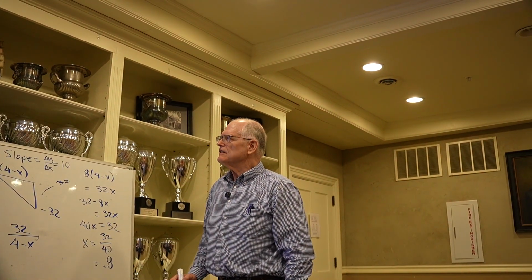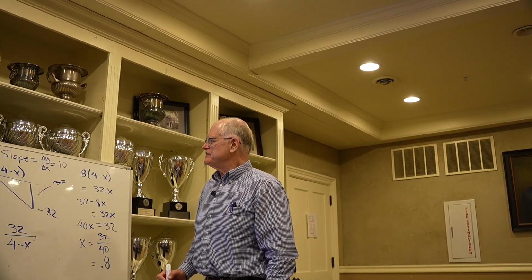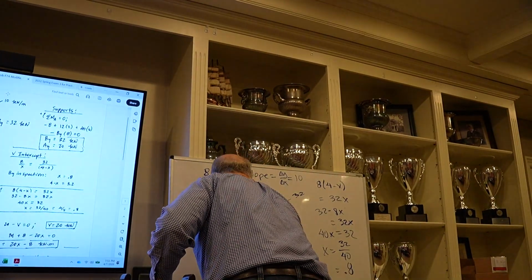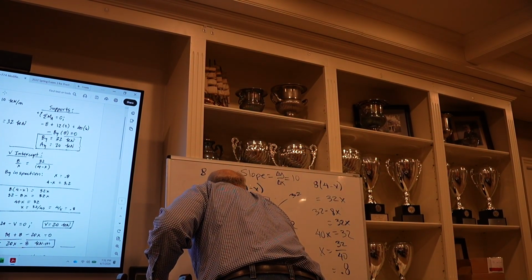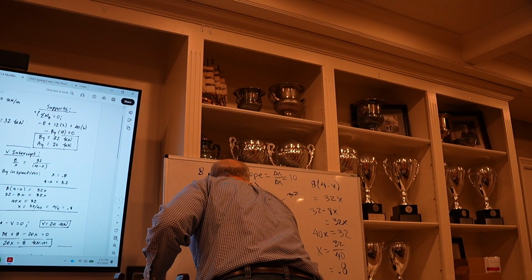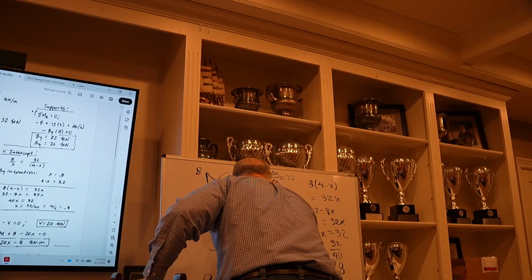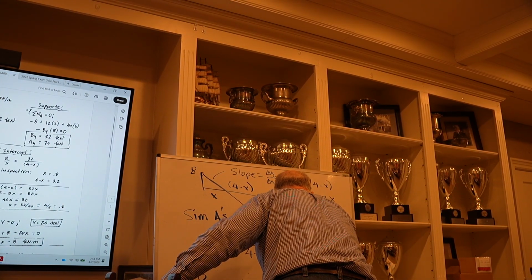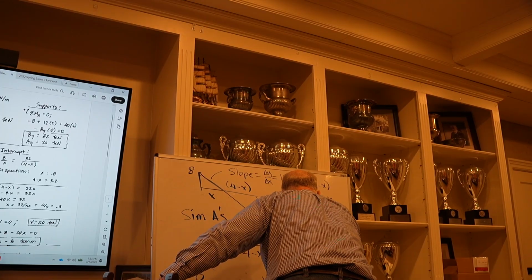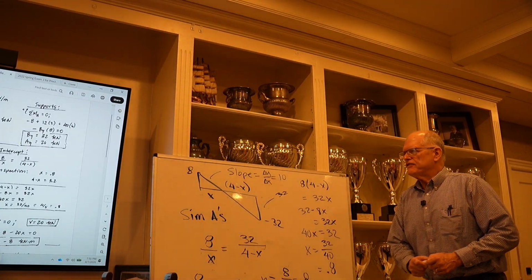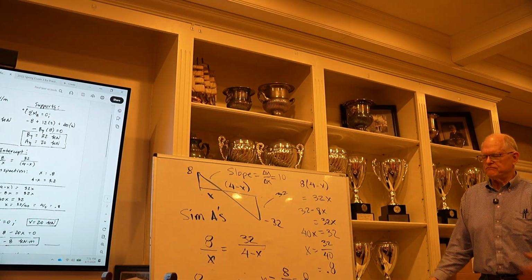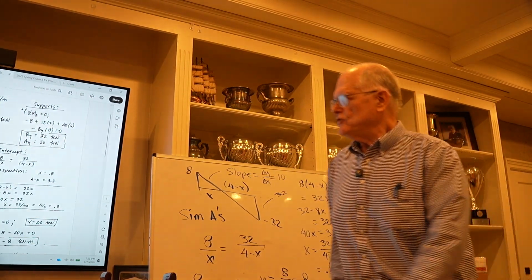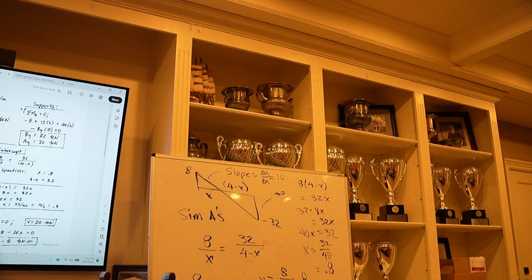So 8 over x is equal to 10, and from that, you get x is equal to 8 over 10, which is 0.8. So there's two different ways to get x, but choose a way that works for you. Okay? So once you get x, we need all of these areas.